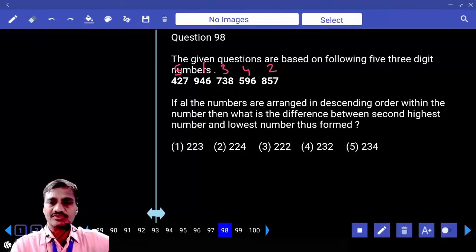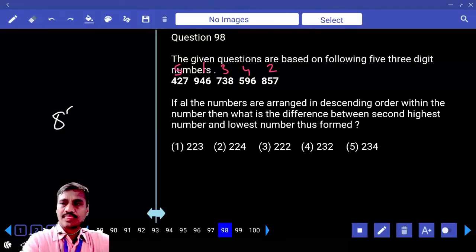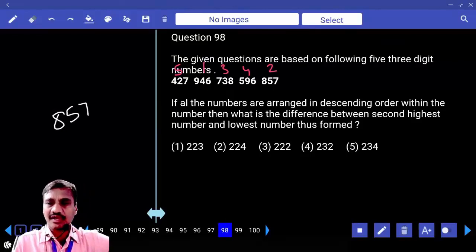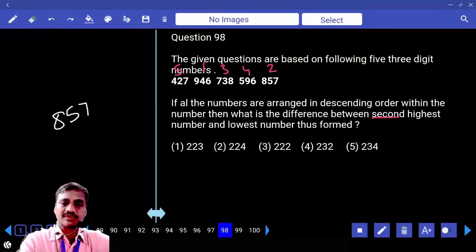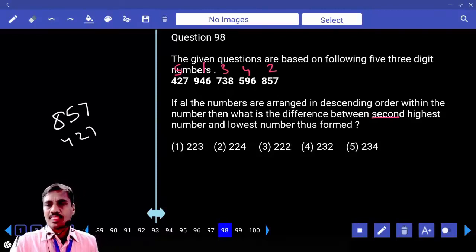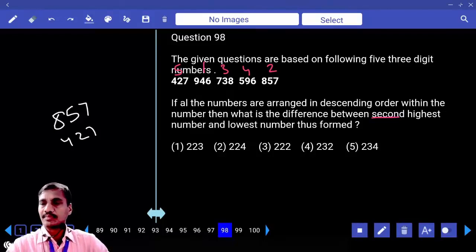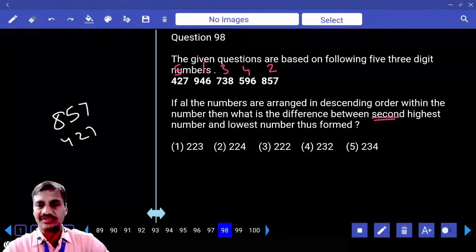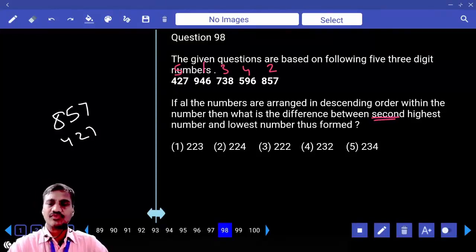What is the second highest we have? 857. And the lowest number is 427. Then what is the difference between these two?